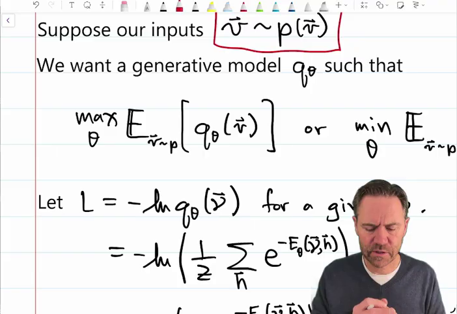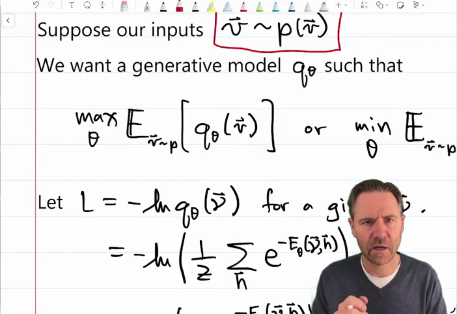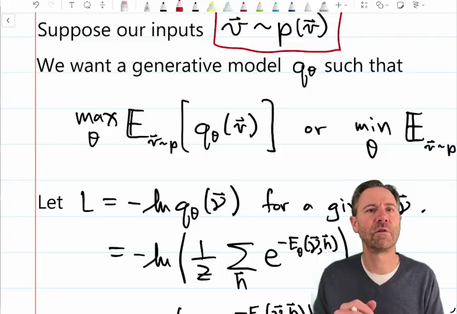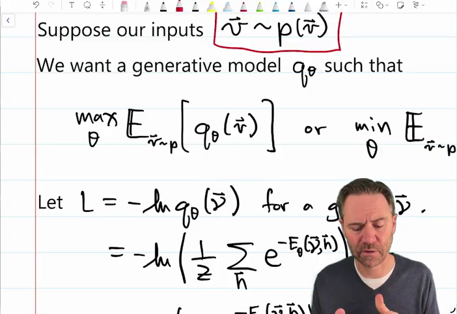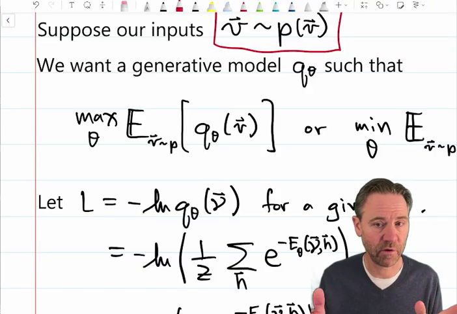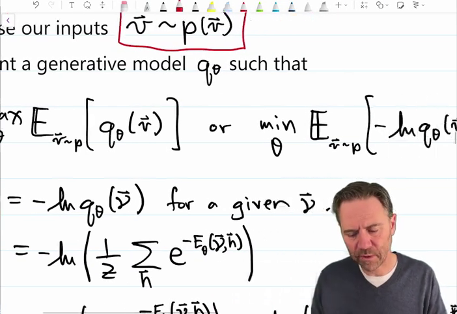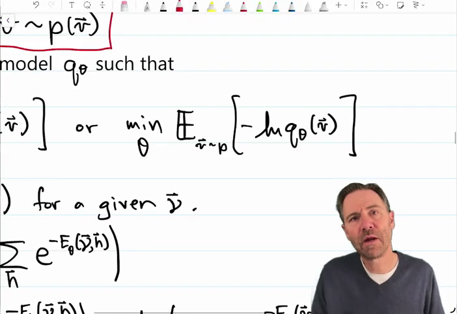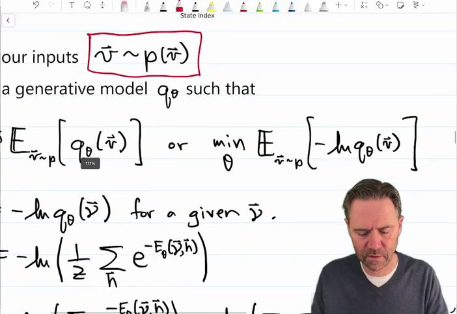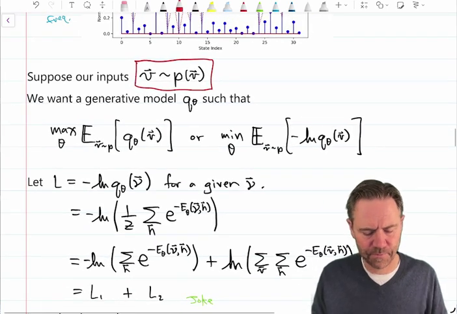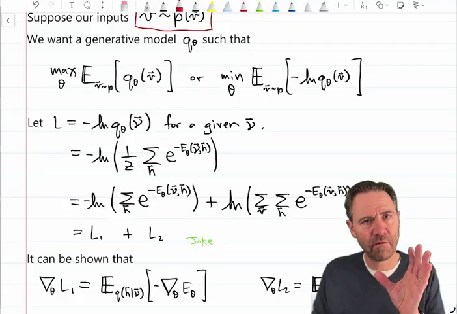We want Q sub theta, this neural network, to assign high probability to V's that we see more frequently in the world, and low probabilities to V's that we see rarely or never. If you're maximizing that probability, you could also say you're minimizing the negative log of that probability. So let L be the negative log of that probability for a given V.